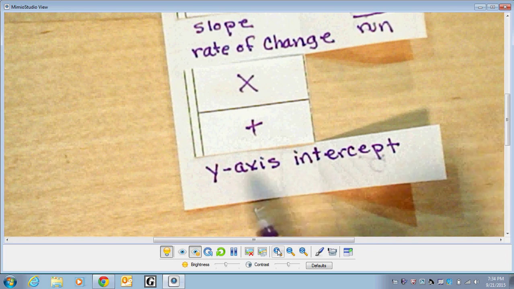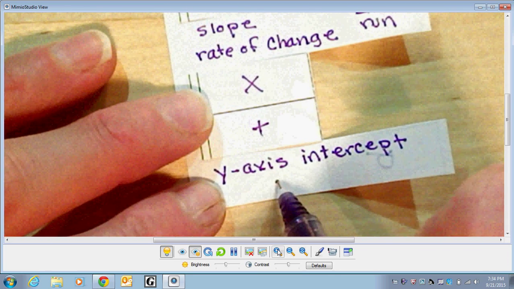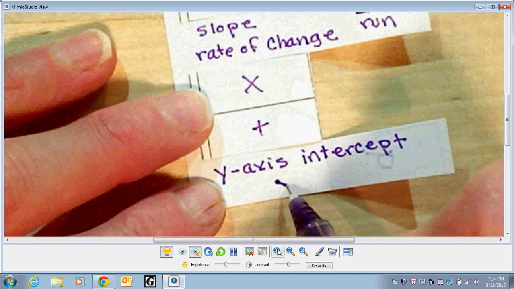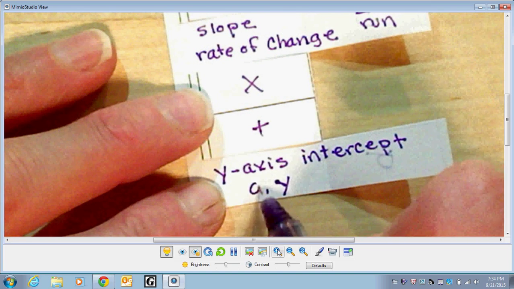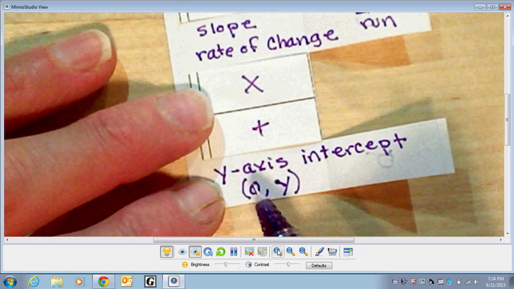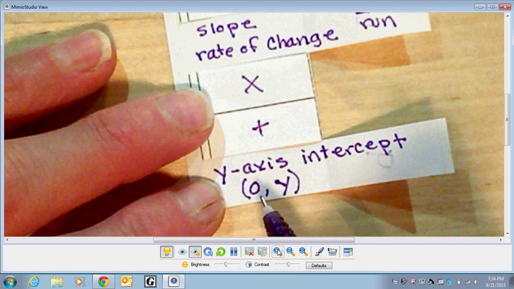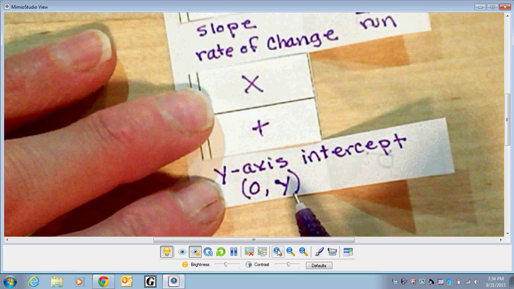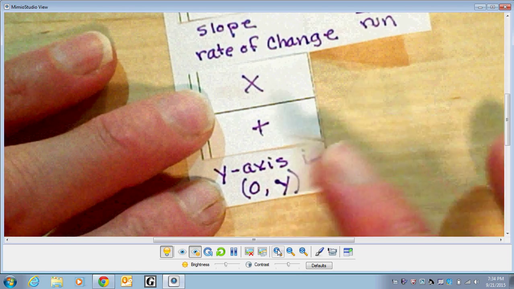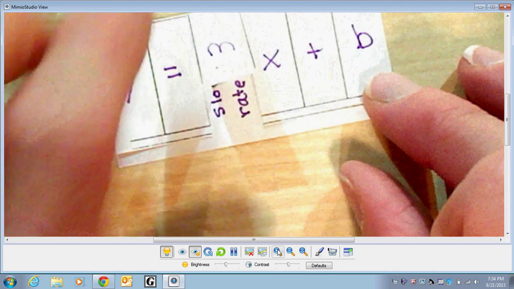And the coordinate for the y-axis intercept, there's some value for y, and x is always 0. So you need to remember that. The x-axis intercept is where x is 0 and y is some number.